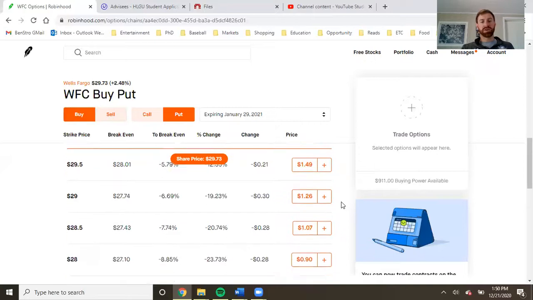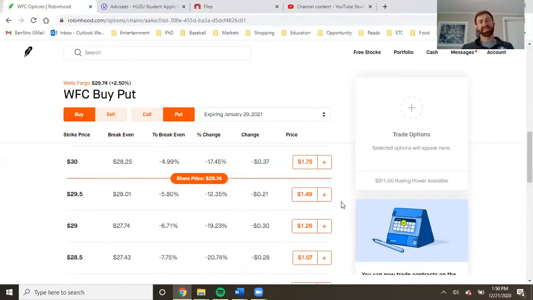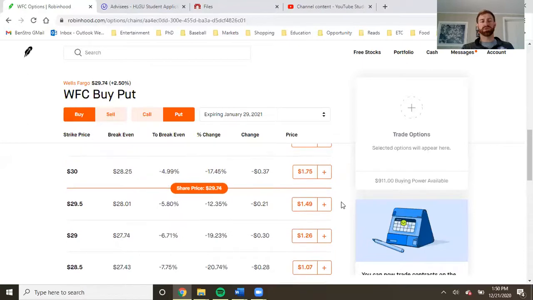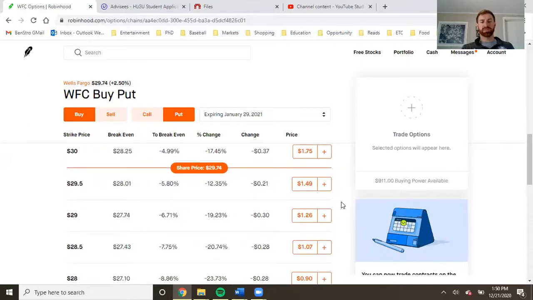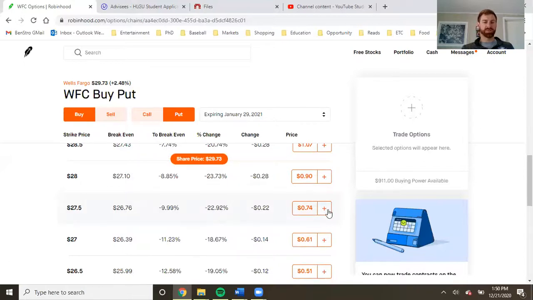On the call side, people are really expecting, especially banks, to go up, and you expect the market to go up. So if it goes down, it's a little bit less likely, I should say. And so you see these puts at $1.49, $1.26, 90 cents, 74 cents, and so forth.